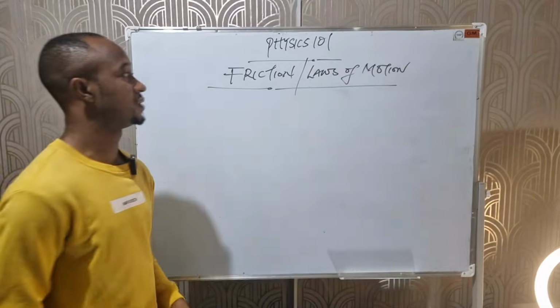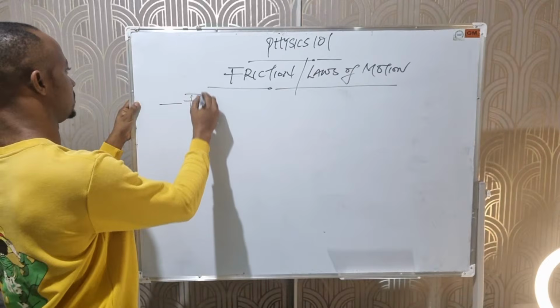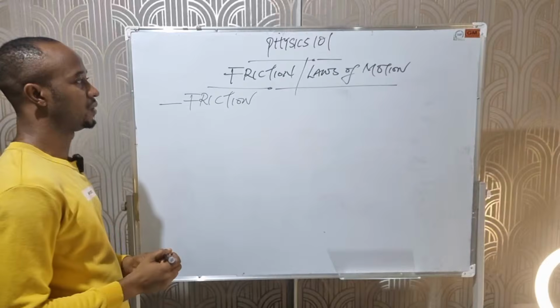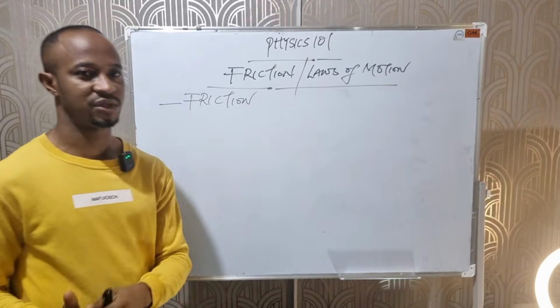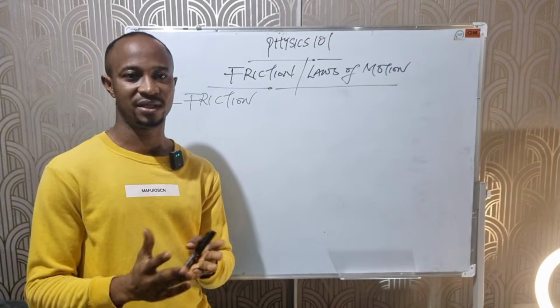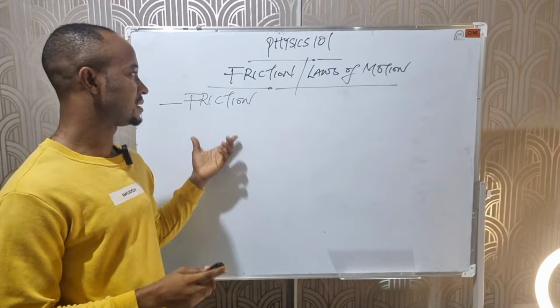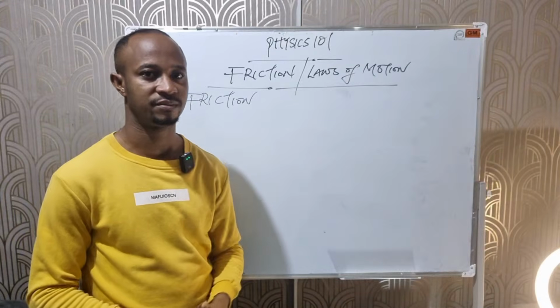The first thing we need to look at is friction. We look at the definition of friction, the types of friction, application of friction, advantages and disadvantages. Then we'll see how we can connect all of this with the laws of motion.